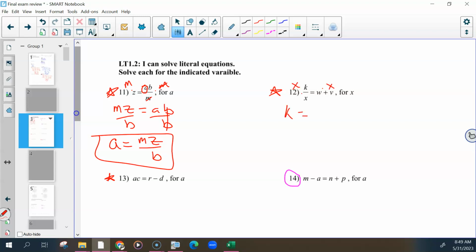But when we do that, I would put x outside of parentheses. And then we still want to get x by itself. We don't want to distribute because that wouldn't get x by itself. But we could get rid of this entire thing by dividing it to the other side.